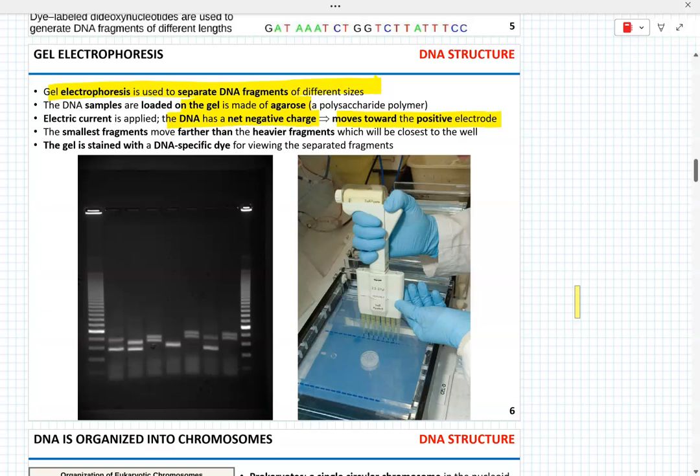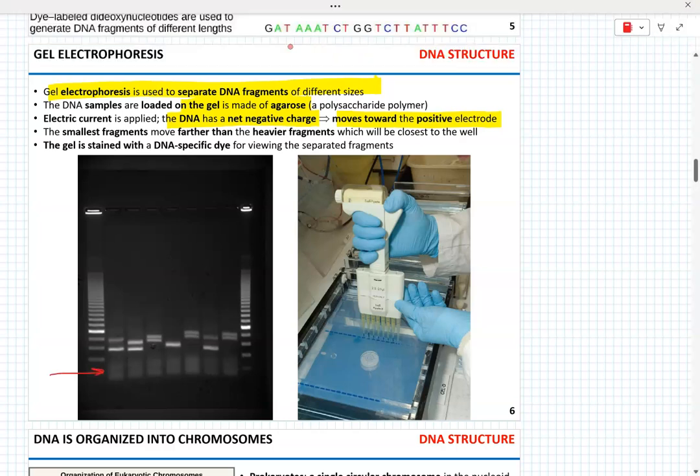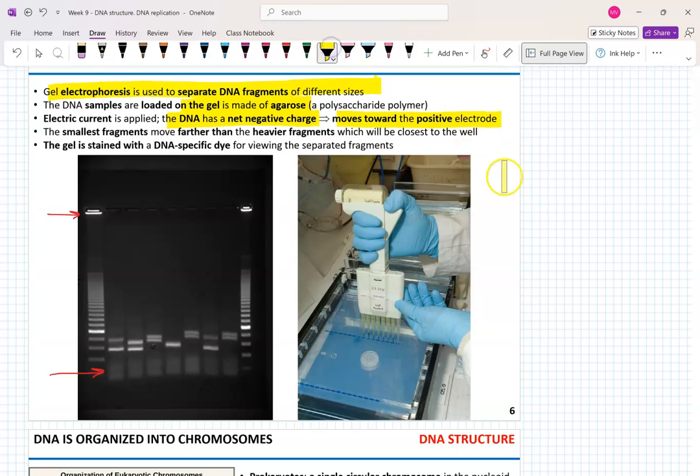The smallest fragments move farther, so in this image, the smaller fragments will be at the bottom of the picture, while the heavier fragments will be closer to the well right here. The gel can be stained with a DNA-specific dye, ethidium bromide, which allows scientists to view separated fragments.